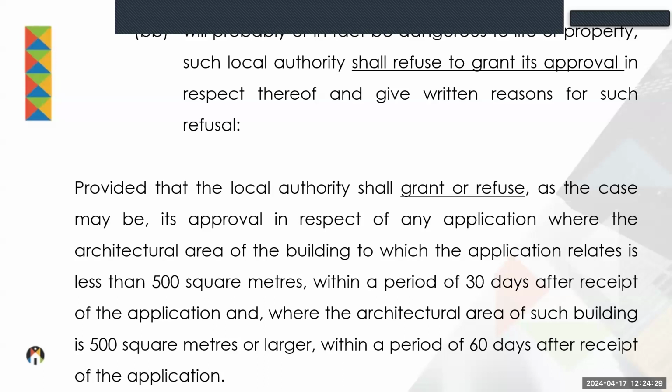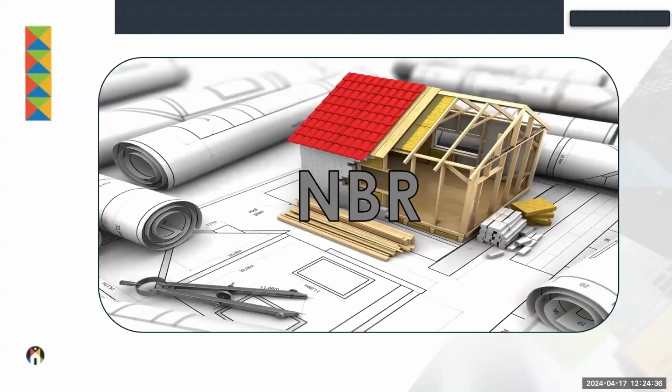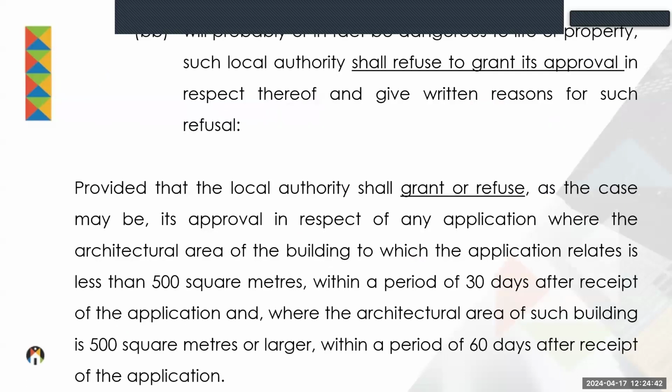So Saturdays are inclusive of this 30 days in terms of the law. Even if you don't work on a Saturday, bad luck, the Act says, because it's not stipulated whether they are business days or calendar days, therefore that requirement of the Act will come into play, and that means it includes Saturdays.